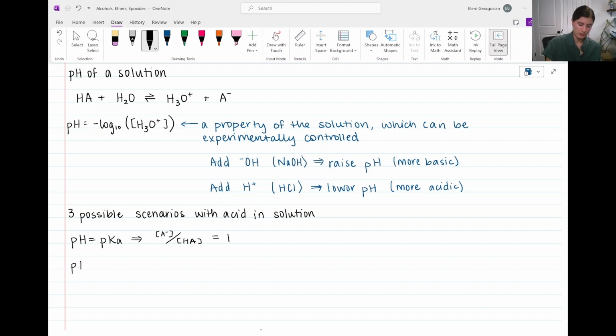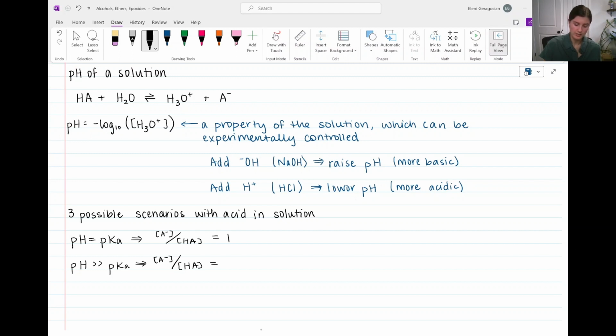If we have a solution with a pH that is greater than the pKa of an acid, now the acid that's added to the solution has a stronger acidity than the solution. That means that acid, stronger than solution, is going to dissociate. It's going to donate its proton. So the concentration of its conjugate base will be higher than its concentration of the associated form.